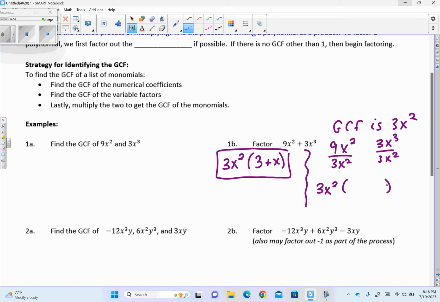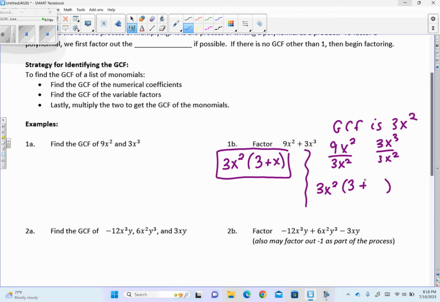So we know that 9 divided by 3 is 3. And remember, if we have x squared over x squared, you can look at it as something over itself just makes 1. Or if you use the quotient rule for the exponents, it would be x to the 2 minus 2 is x to the 0, which is 1.